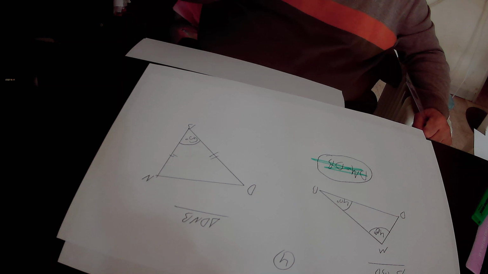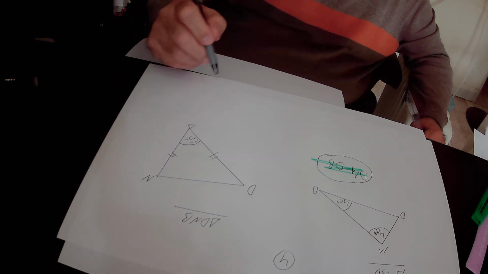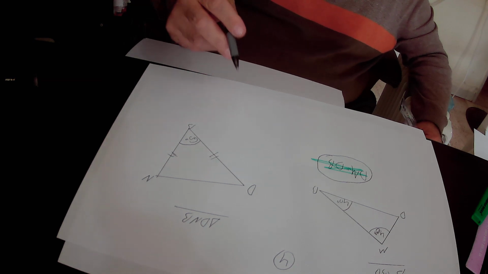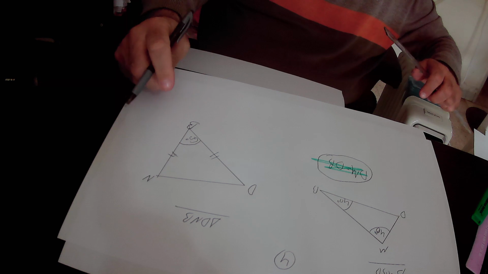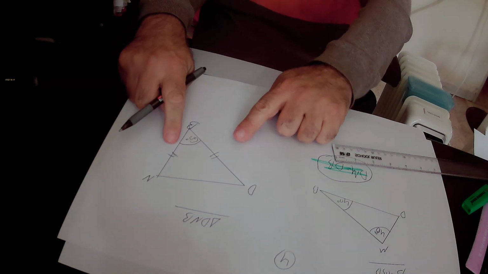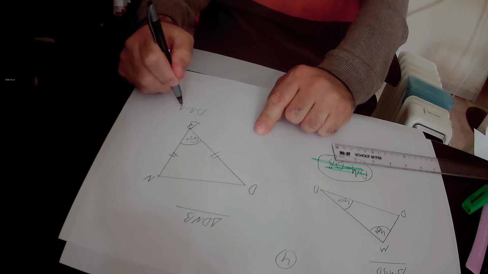This is triangle DNB that I copied from the original drawing. Angle DBN equals 60 degrees, and those two sides are equal to each other. That is to say, DB equals NB.